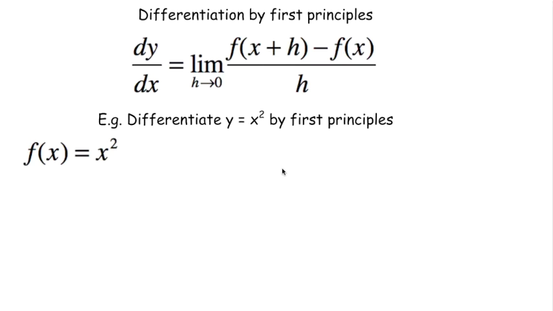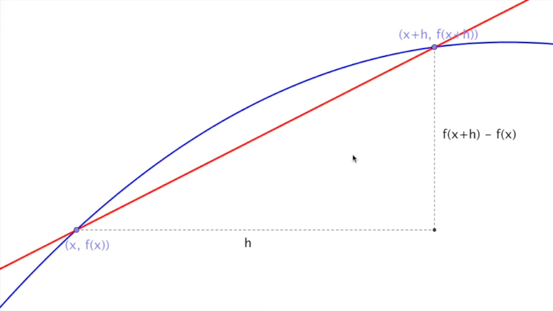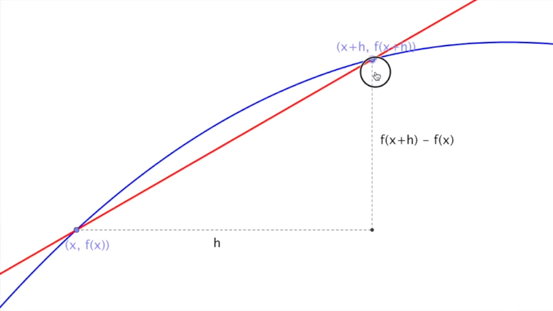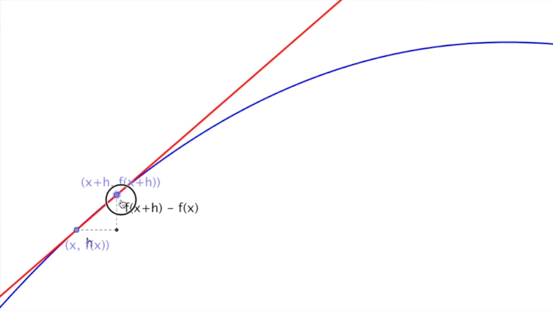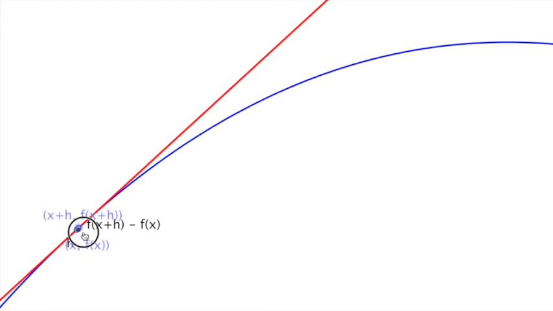So putting that together, that will then give us our formula for the differentiation by first principles. To work out that gradient, we said it was the change in y, which we said was f of x plus h minus f of x, divided by the change in x, which was this value h. And if we think back to that original graph, then for this to be a true representation of the gradient, we need to bring this point down so that it is infinitely close to the original point, our starting point.